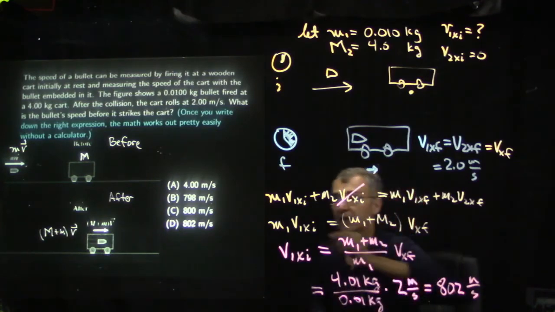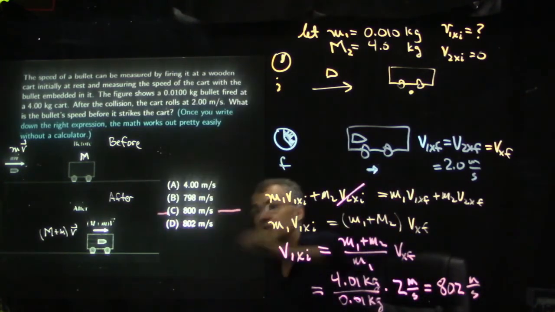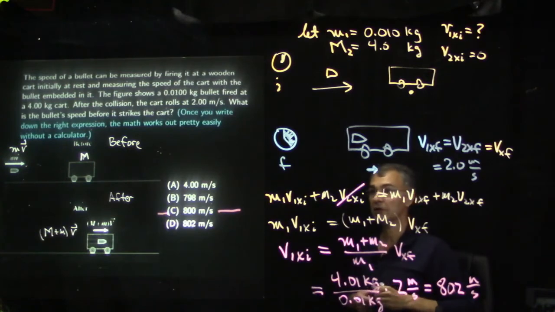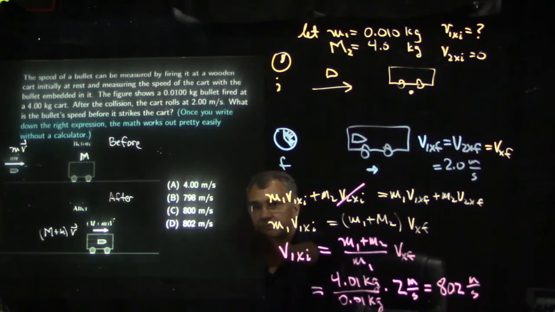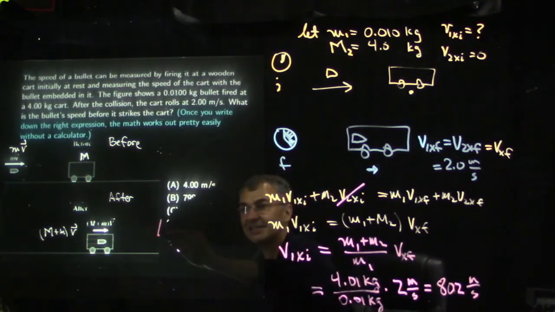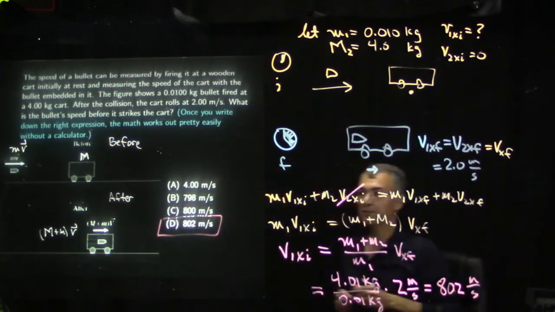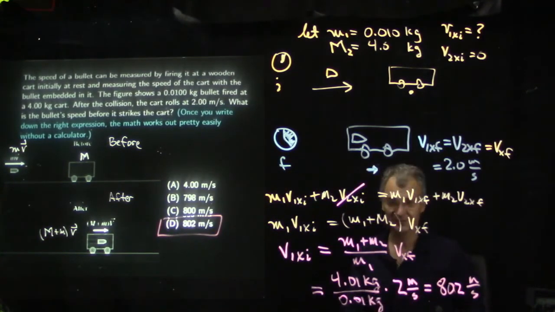Oh, here we go. Ha! So the answer is Charlie, 800. Oh, no. Oh, look at that. The answer is delta, 802 meters per second. Okay, I guess I did have to be careful with the math. So 802 meters per second.